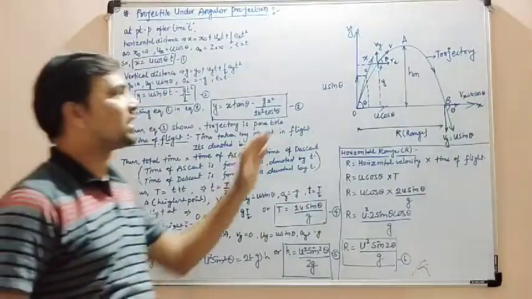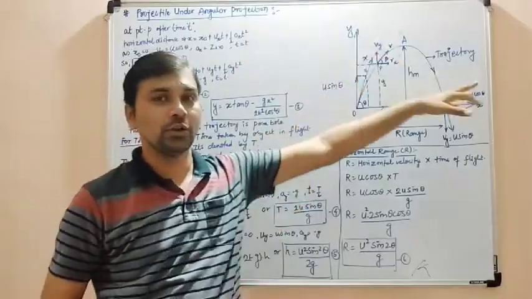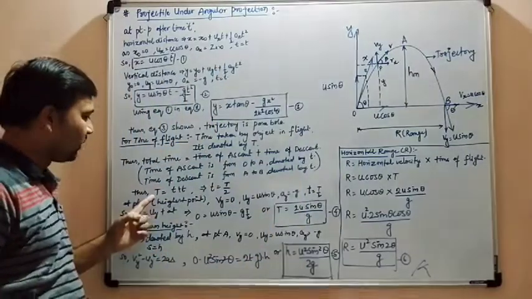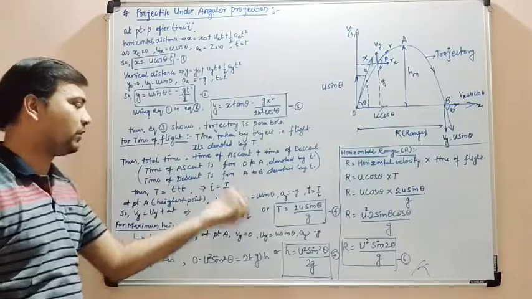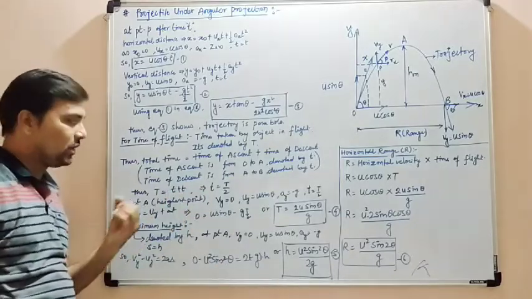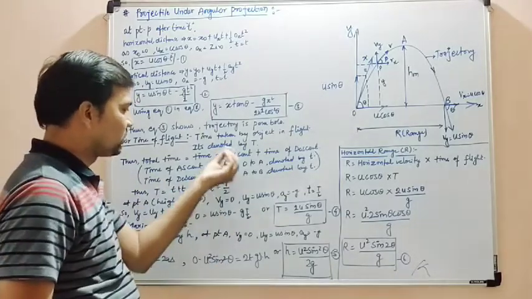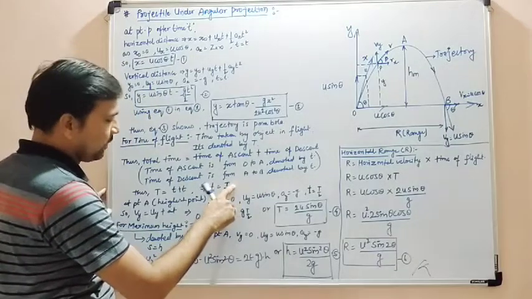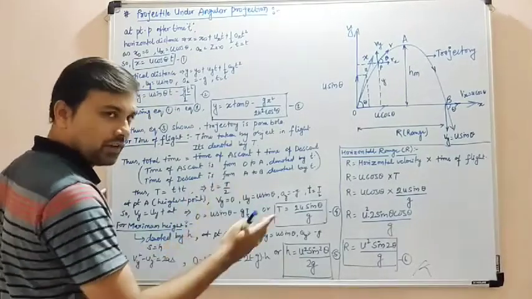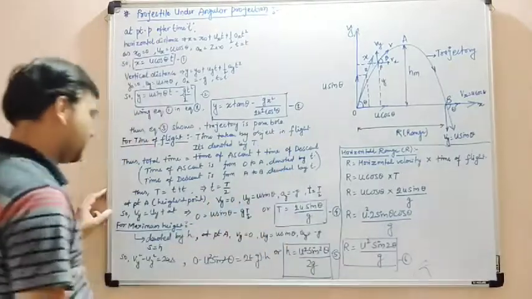Both times are equal, and together they make the total time period. So capital T equals the sum of the small t, the time of ascent plus the time of descent. Since both are the same, small t equals half of capital T. Capital T stands for the total time, and small t for the time of ascent or time of descent. Since both are the same, we can take any one.